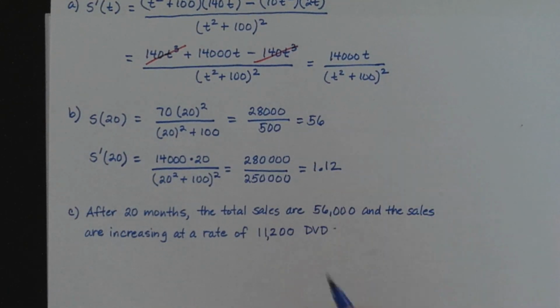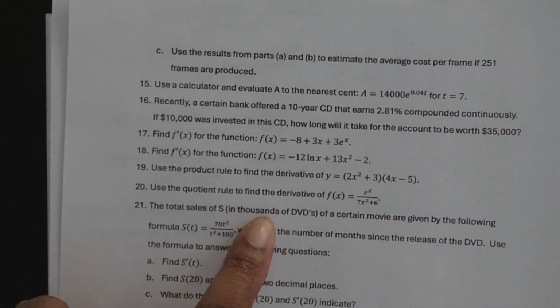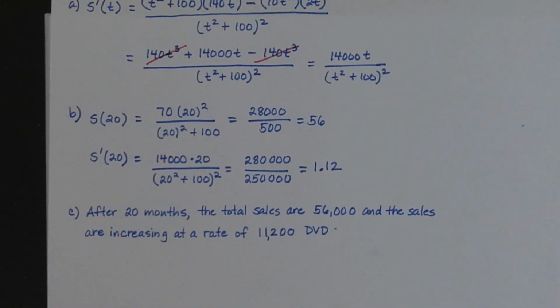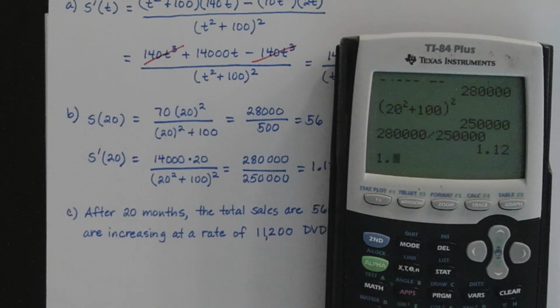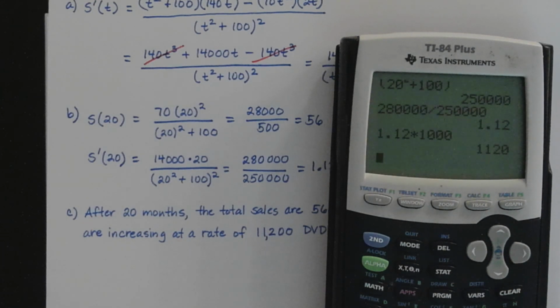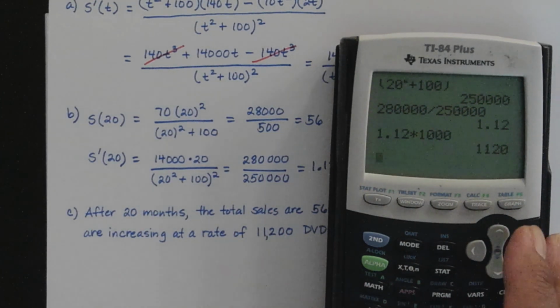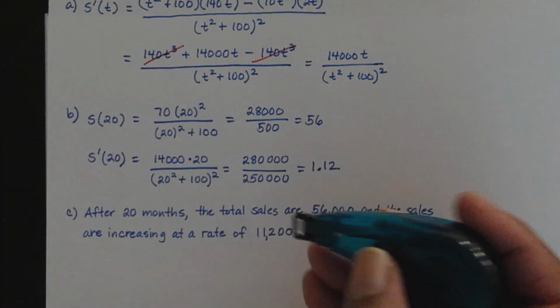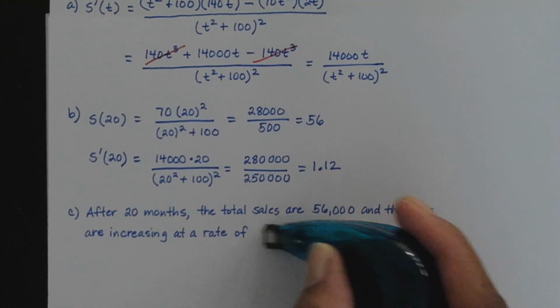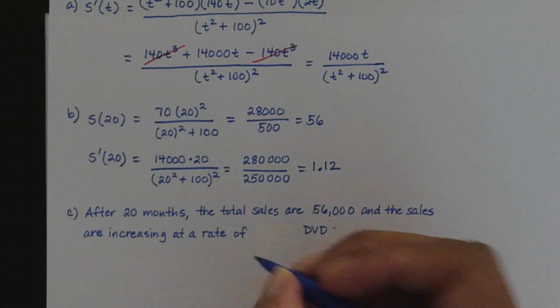In the problem it says in thousands of DVDs, so we have to multiply by 1,000. Would 1.12 times 1,000 be 1,120? Oh, 1,120. You're right. It can't be going that far, that fast.